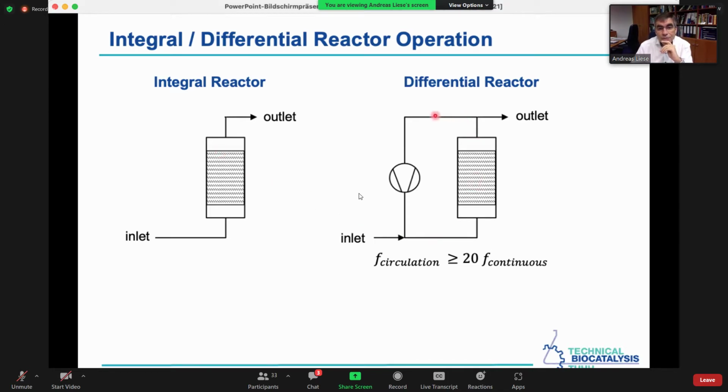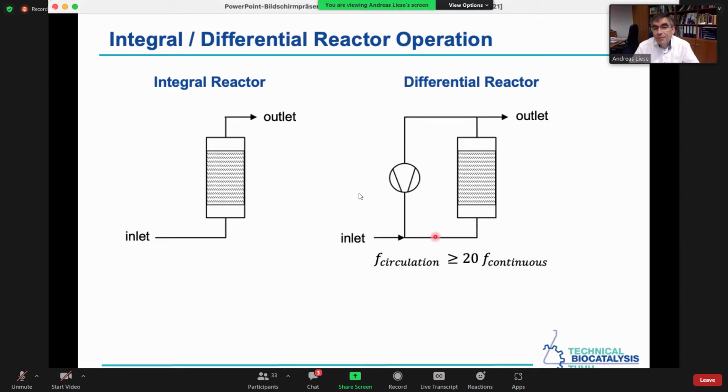Now, you already know the circulation reactor, CCR profile, plug flow profile, as long as we have 20 times circulation flux in contrast to the residence time flux. And now here we have a different situation. Why is the situation different?